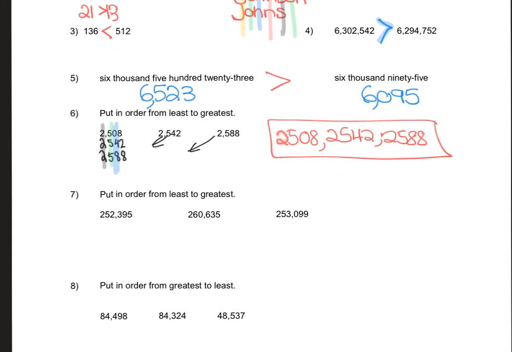Okay. So this one, very similarly, I'm going to write 260,635, 253,099. Okay, I know that they all have the 2's, so that doesn't help me. Okay, now here, 556. So I know that my biggest number is going to be that 2, oh my gosh, my highlighter, sorry, 2,606,535.